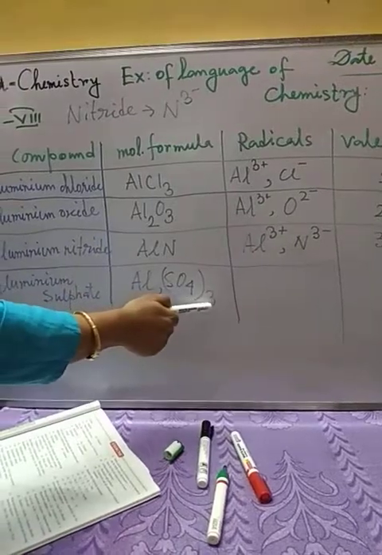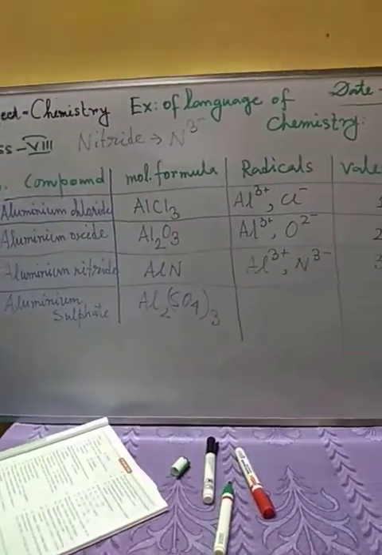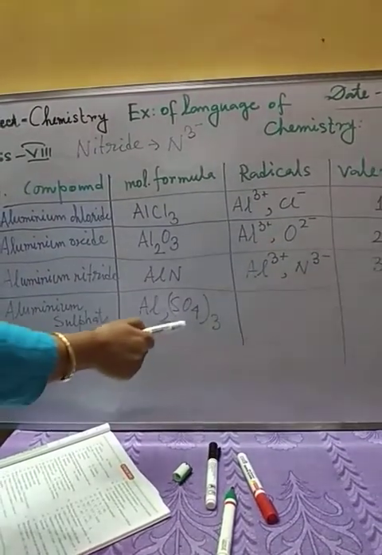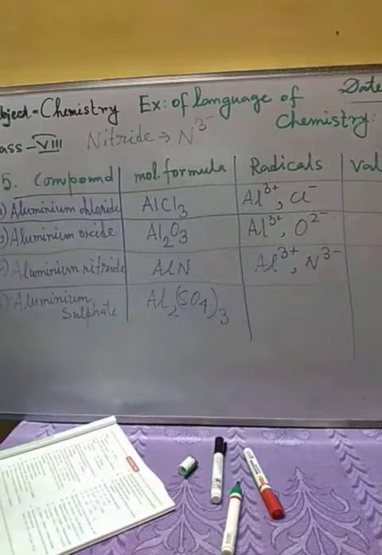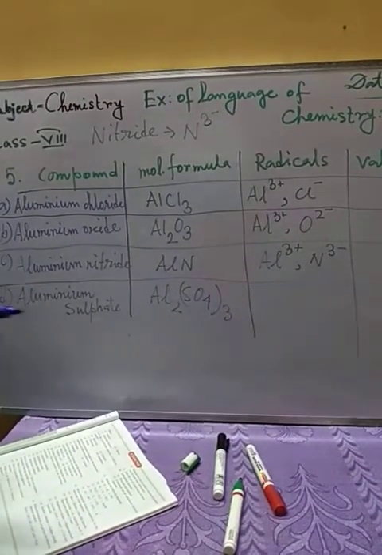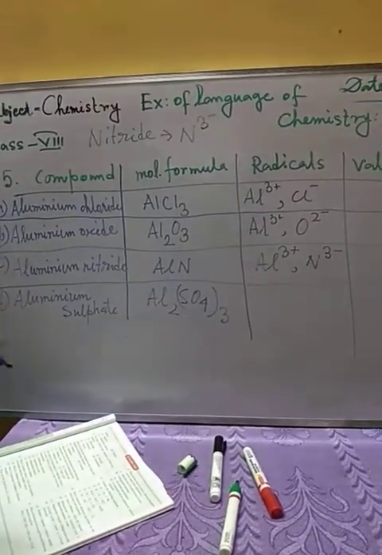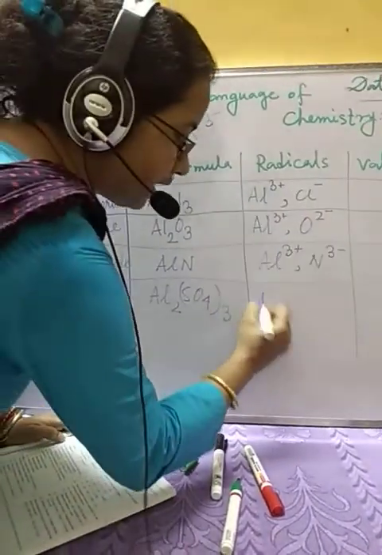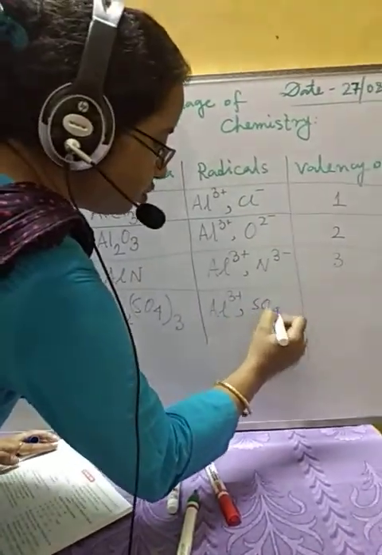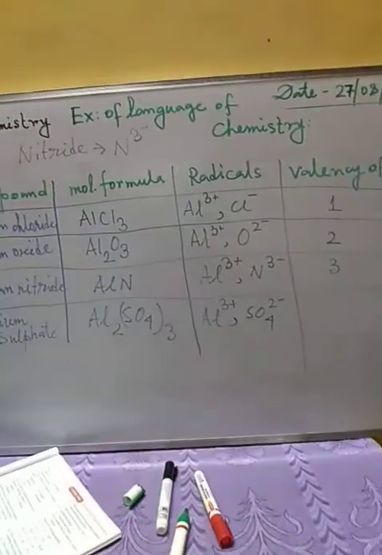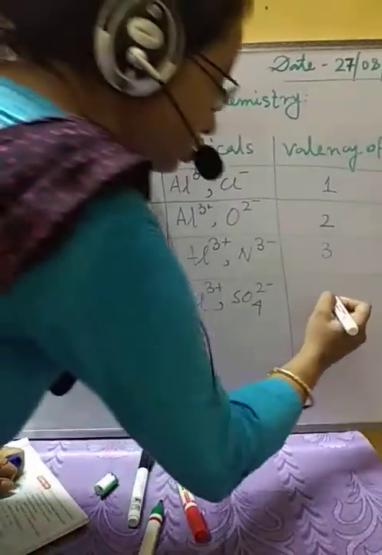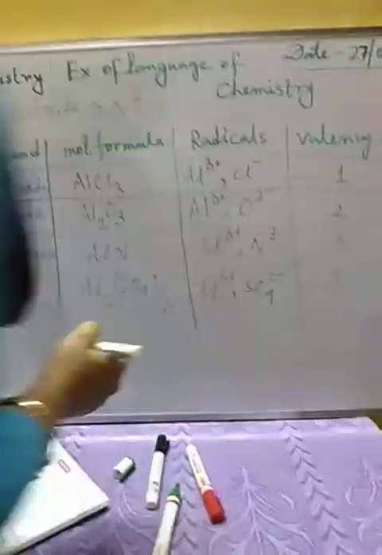Aluminium's valency will go to sulfate, the whole SO4 with this 3, and sulfate's valency, which is 2, will come to aluminium. So Al2(SO4)3 will be the molecular formula for aluminium sulfate. The radicals present will be aluminium, Al3+, and sulfate, SO4 2 minus. From this the valency of anion will be 2, the valency of sulfate.